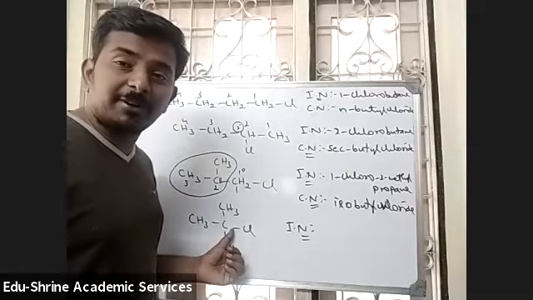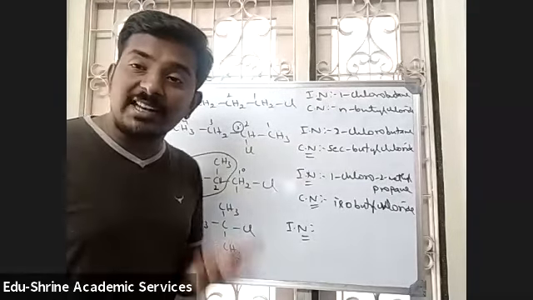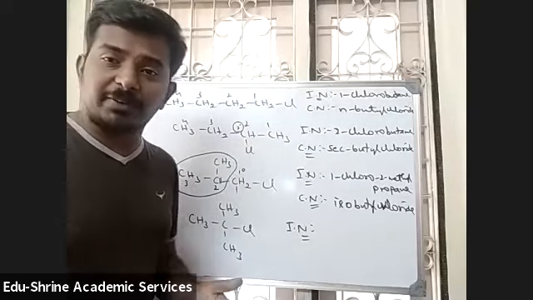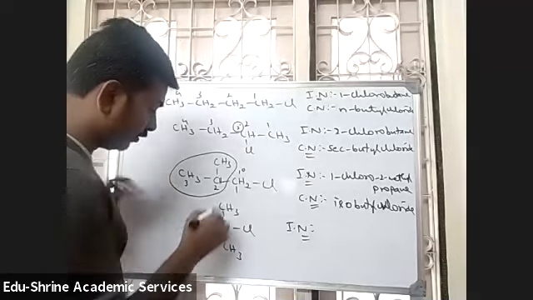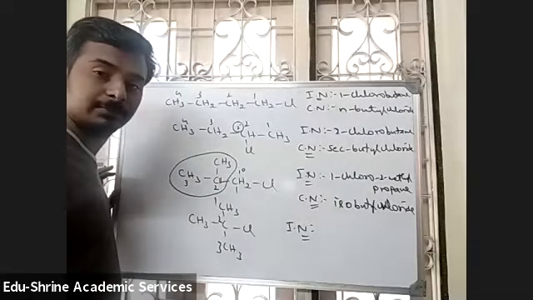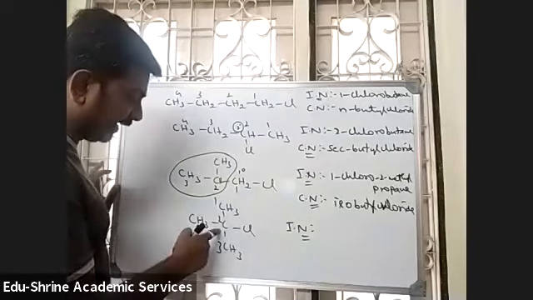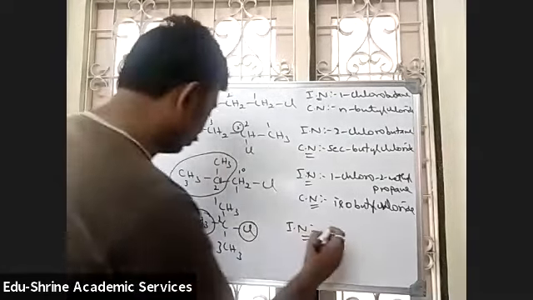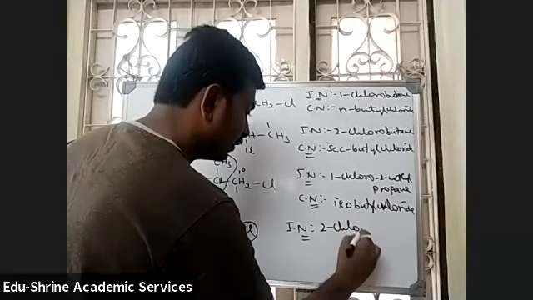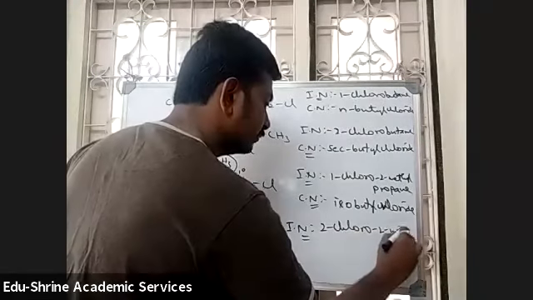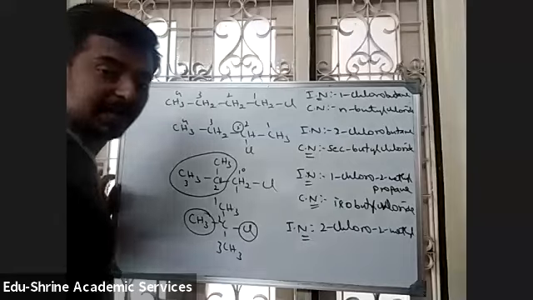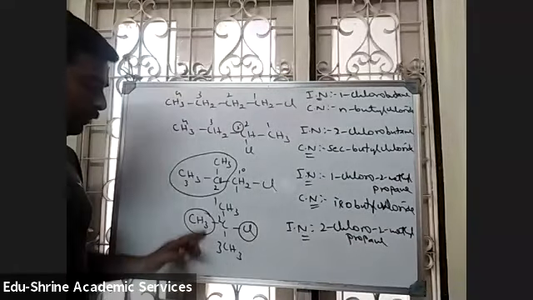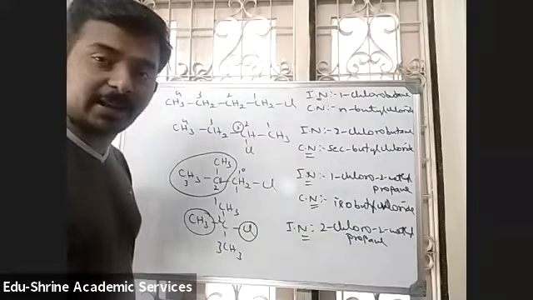Don't start numbering from here, because halogens are always taken as prefixes. So select the longest chain, which is this. On the second carbon atom there are two substituents, one is chlorine, the other is methyl. So it is 2-chloro-2-methylpropane. The longest chain contains 3 carbon atoms.